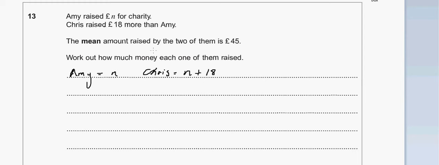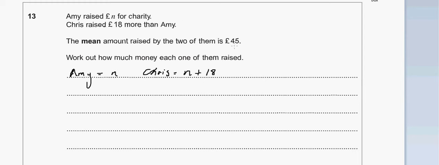Now the mean amount raised by the two of them is £45. So Amy's money added to Chris's money, then divided by 2, would give you the mean average of the two. So we need to find out how much these two raised.